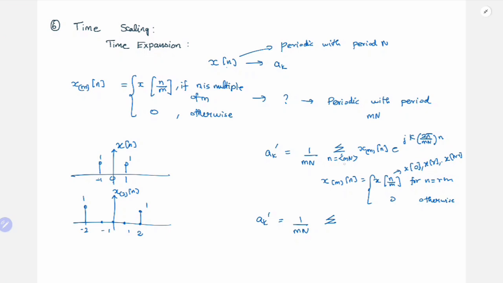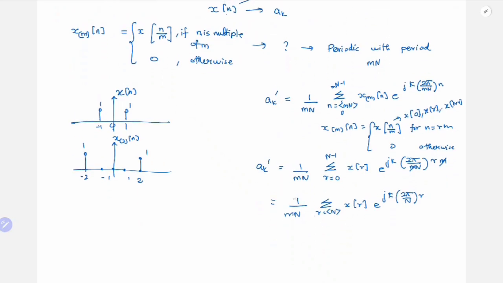If I am considering the summation from 0 to mn minus 1, then only these terms will be non-zero. So I can write r equal to 0 to n minus 1, x of r e power jk 2 pi by mn into n, which is nothing but rm. So this I can cancel. I can write it as 1 by mn summation r equal to 0 to n, which is nothing but sum over n, x of r e power j k 2 pi over n into r.